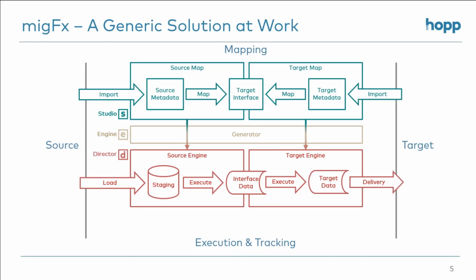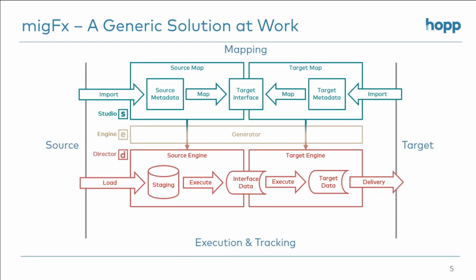And the last thing is, of course, there needs to be a delivery mechanism that actually ends up delivering the data to the target system. But that exact delivery mechanism is very much dependent on which target system we are exactly talking about, because that can be done in so many different ways. So that's always going to be an extension point where you need to develop some kind of functionality to get from the data that we have to the data that can actually flow into the target system.